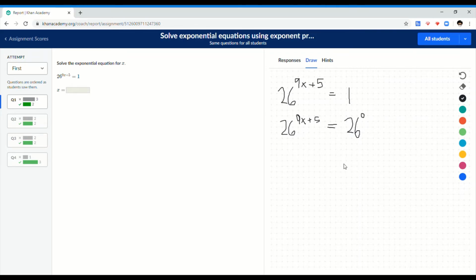Well, if I know that both of these bases are now the same, what I'm going to do is apply a log, because what is the inverse of exponential? That's right, it's log.